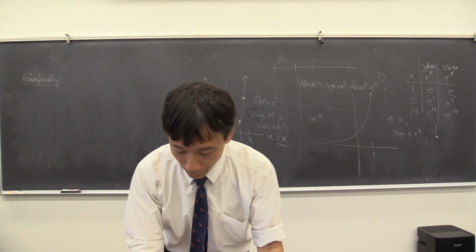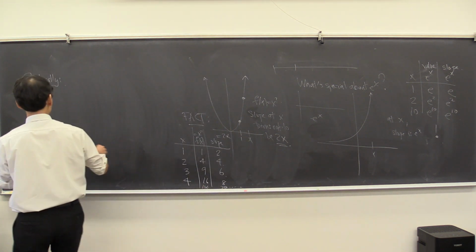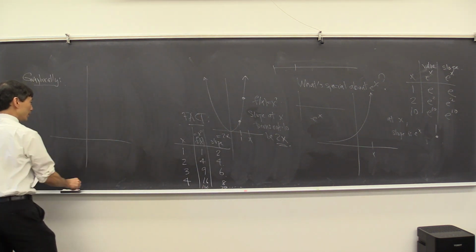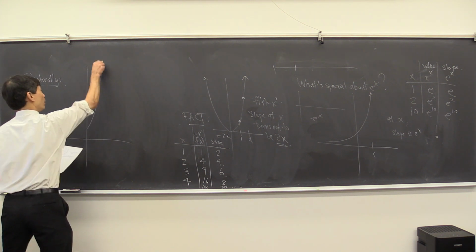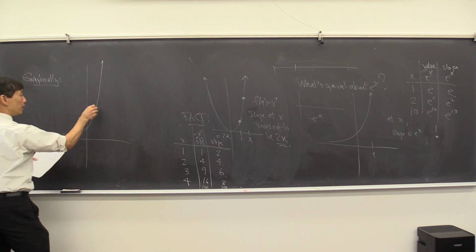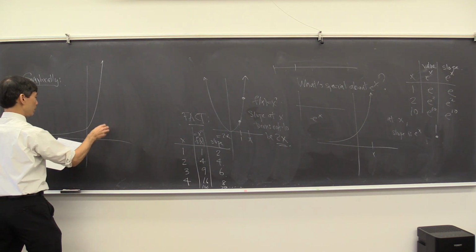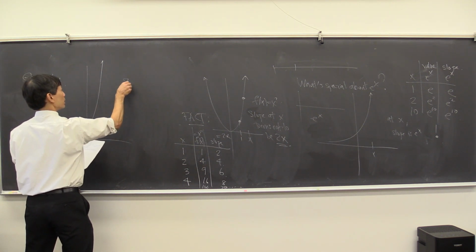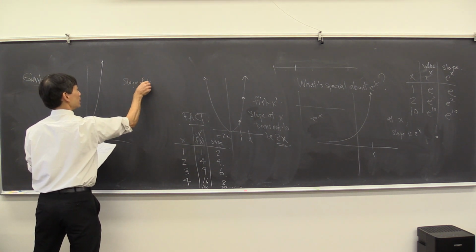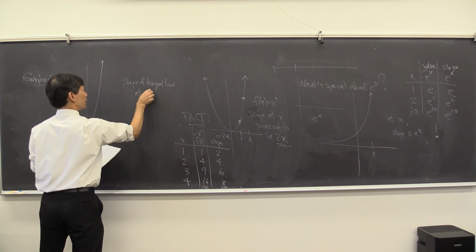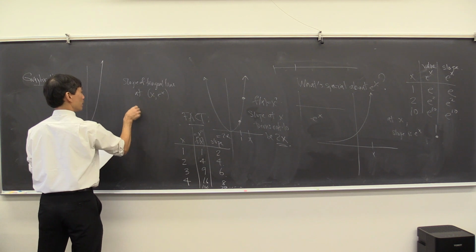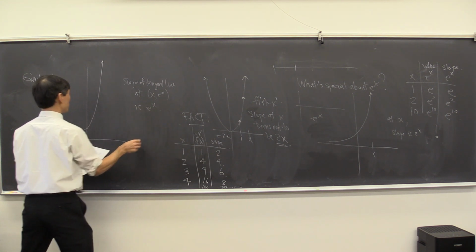Graphically, what that means, I don't know if this will be more or less appealing to you than the money, but what it means is that the slope of the tangent line at x of e to the x is e to the x.